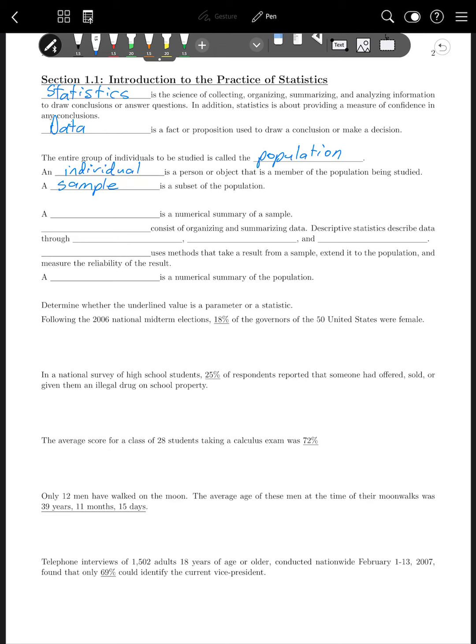And then if we take a smaller group of that bigger group, that's what we call a sample. So this class is a subset of all of students in Morton College. So that would be a sample out of the population of Morton College students. So depending on whether or not you're a sample or population depends on context.